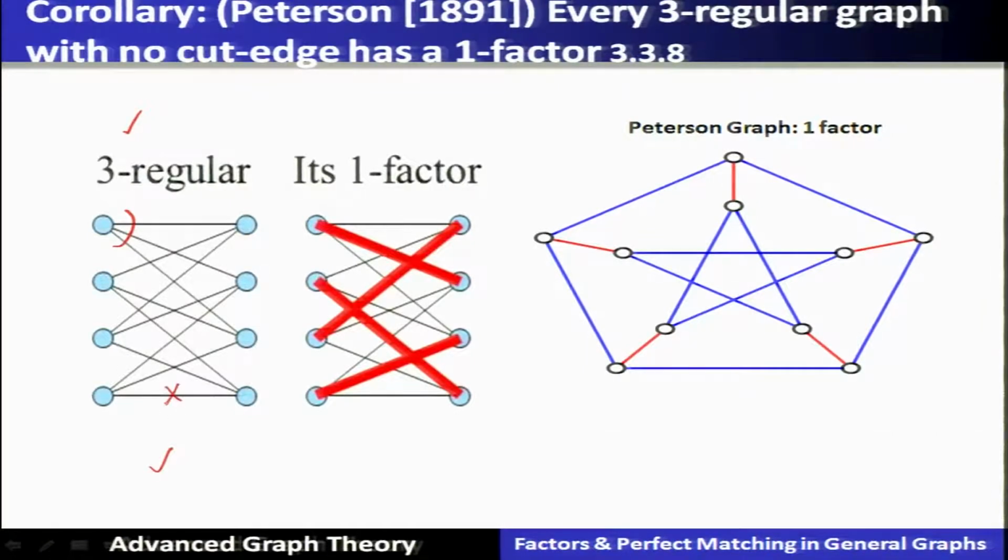That means if you remove this edge, the entire graph still has one component, so there is no cut edge present. So, this graph has a one factor, which is shown over here. This is one such matching, this edge will have another matching, this edge will have another matching, and this particular matching. So, this graph has a one factor.